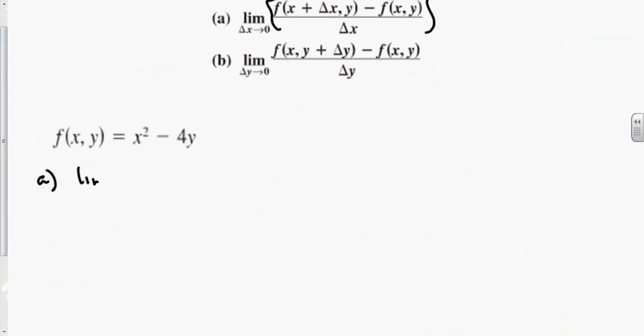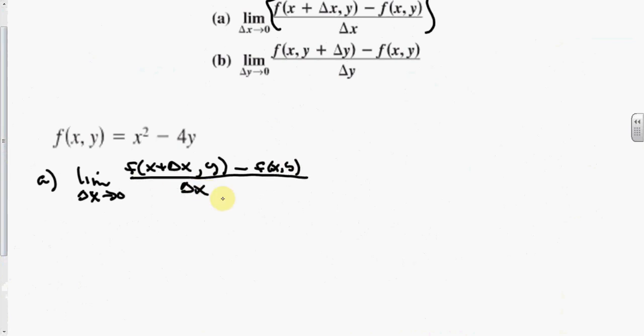For part A, I want to find the limit as delta x goes to 0 of f of x plus delta x, y minus f of x, y, all over delta x. I look at the change with respect to x and treat y as a constant. Wherever I have x, I write x plus delta x.